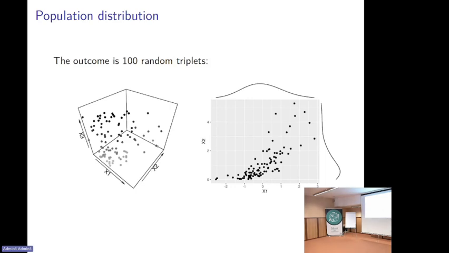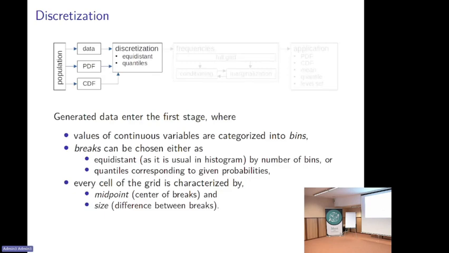And this is the input to the first stage of my proposed approach, which is discretization. So I chose the first box.